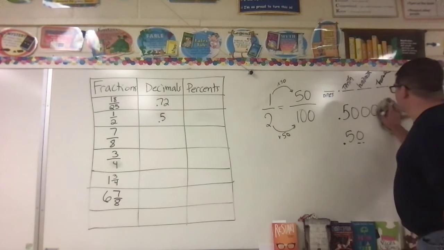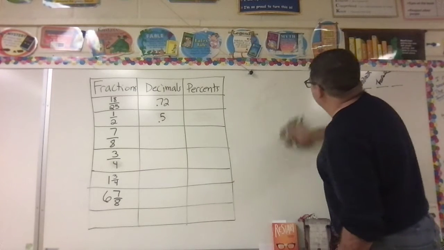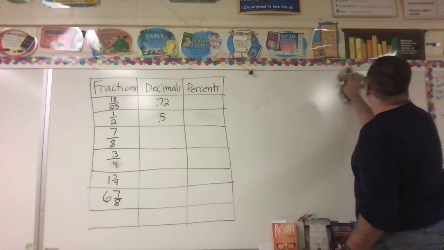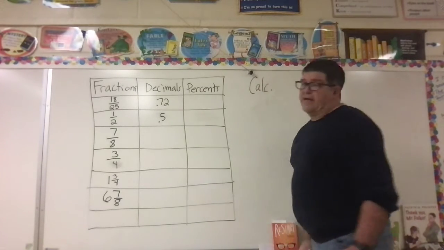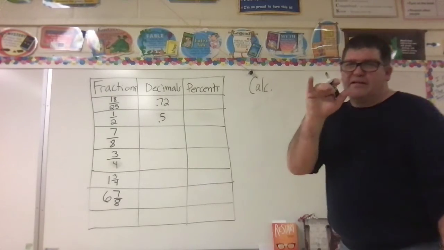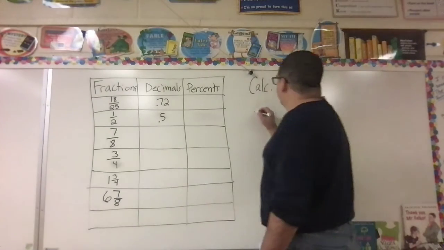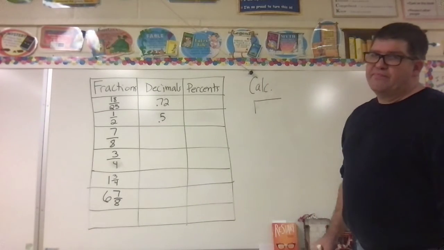Okay, so you either have a calculator, do that. That's the most basic. That's just click, click, click, click, click, got it. Or you could actually do the division like that.